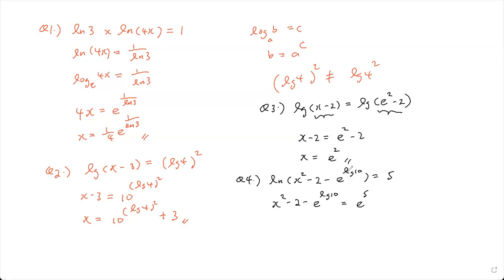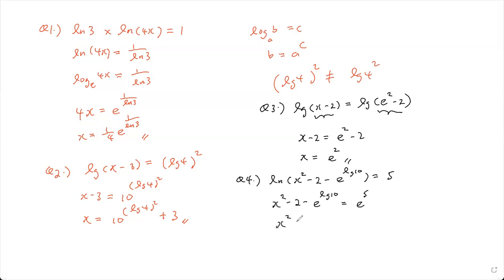Okay, so the question may look a bit difficult because of all this e to the power of lg 10, or what is that, right? But you don't really have to bother about that, right? Because it's just another constant which you can evaluate using your calculator.